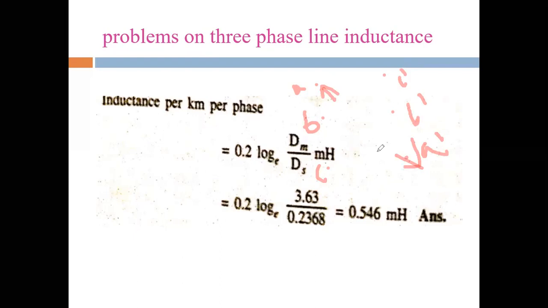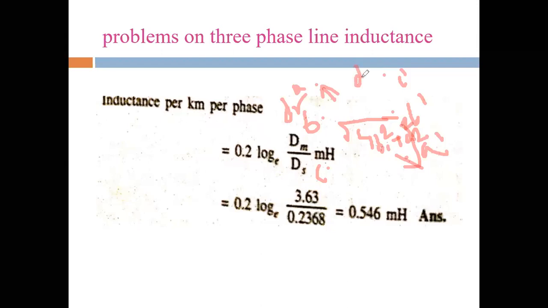Okay, in that, what is the distance between A to A dash? The distance between A to A dash is square root of 4 d1 square plus d2 square. A to B is the d1.